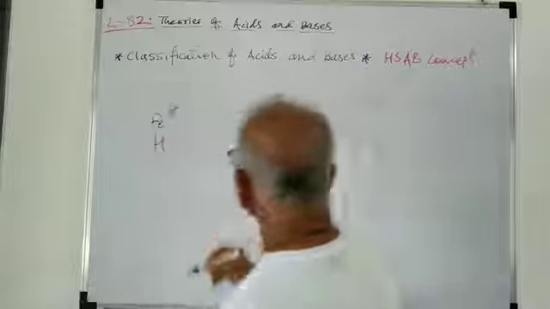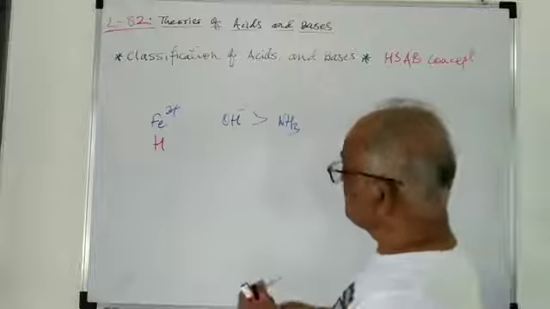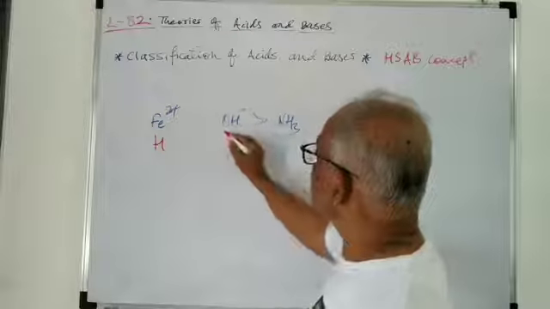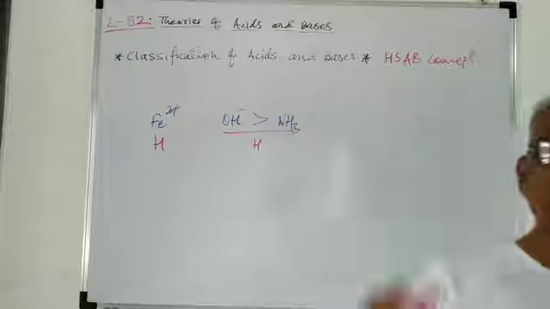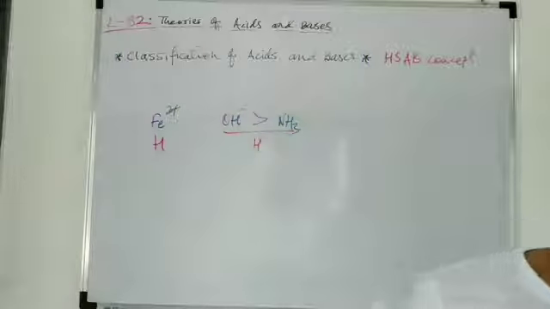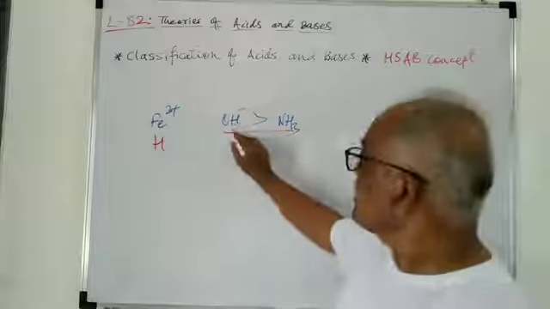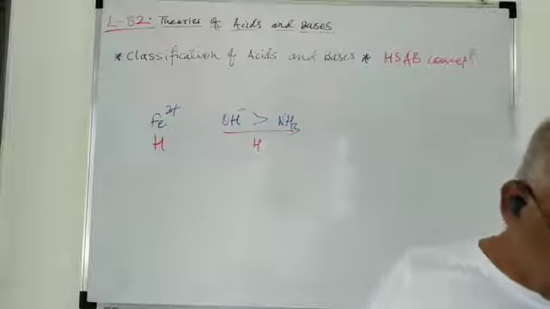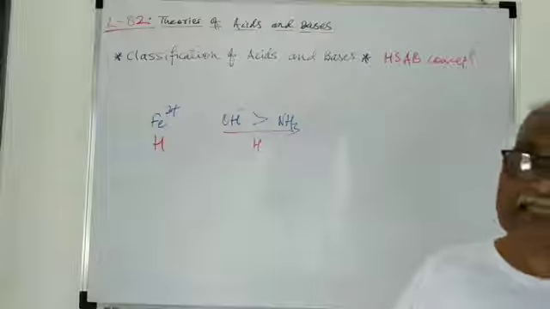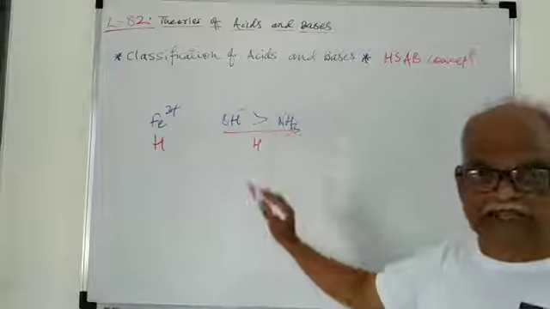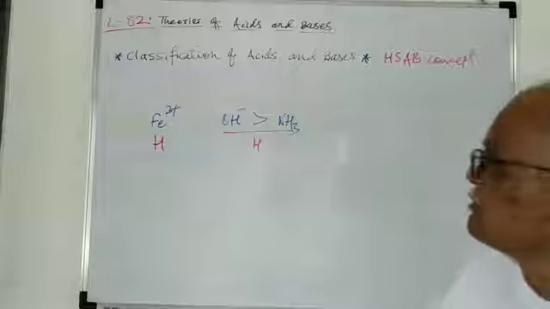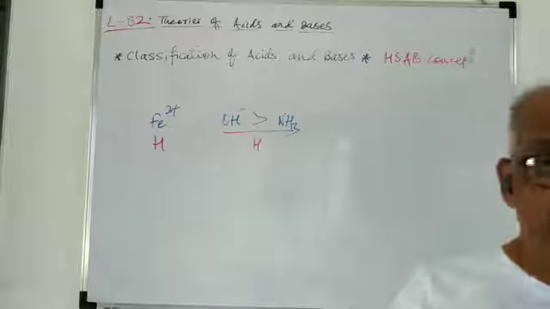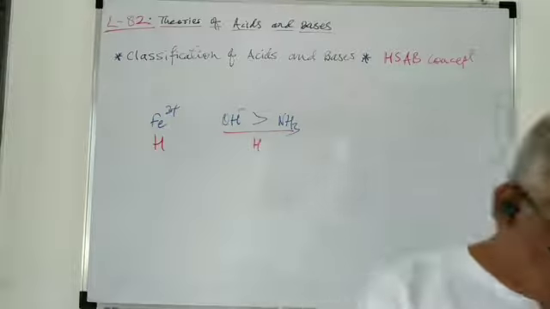These are both hard species, but OH minus is more hard than NH3. So Fe will prefer to react with OH minus rather than NH3. But reaction is also possible in both cases. These products are easily obtained, but formation with OH minus is much better with Fe3 plus.